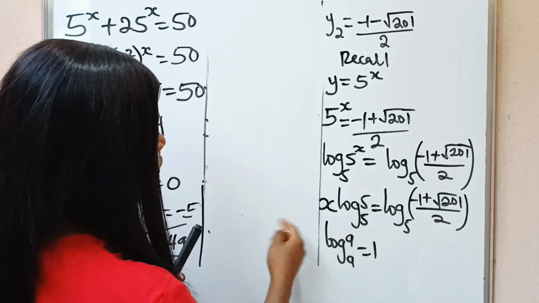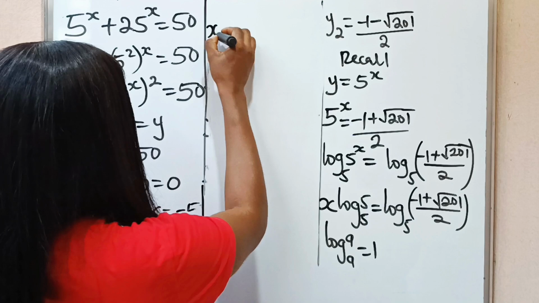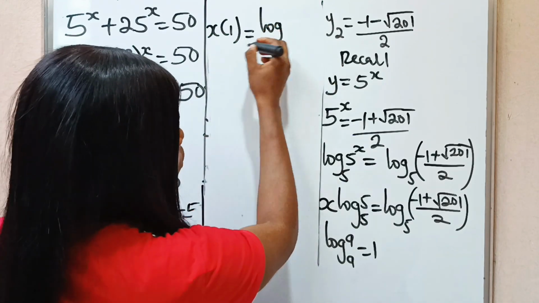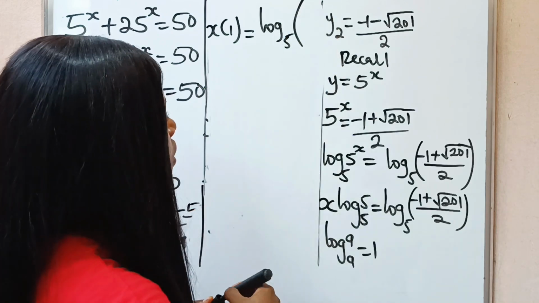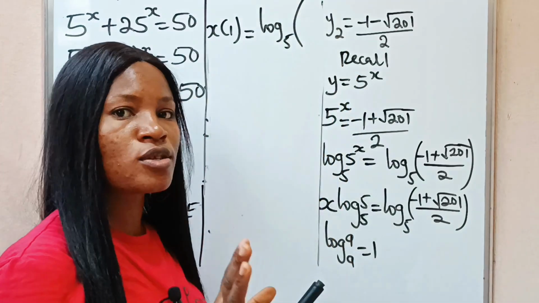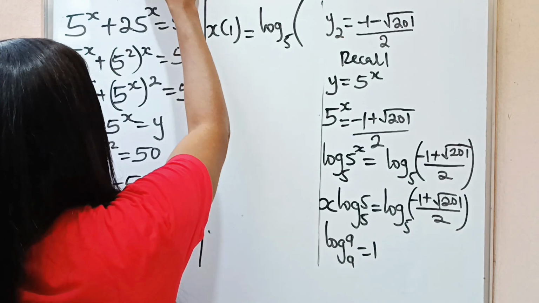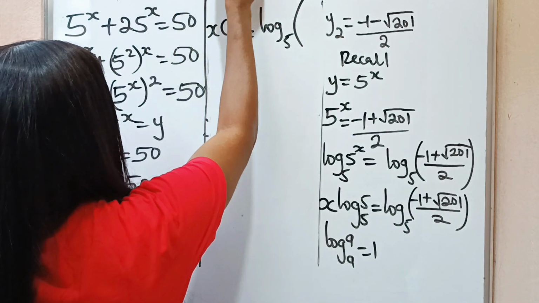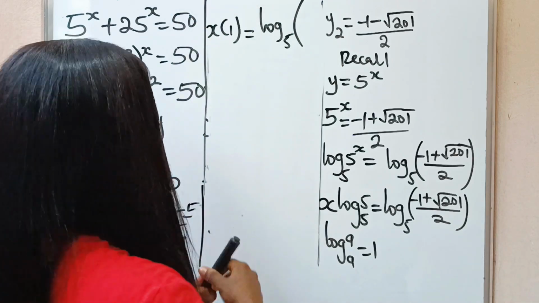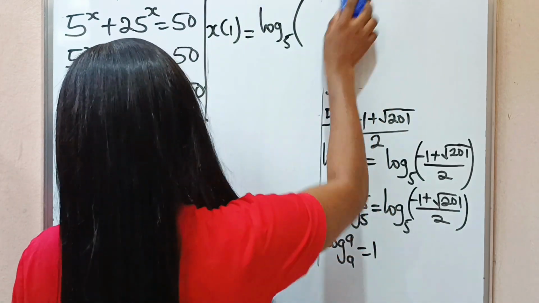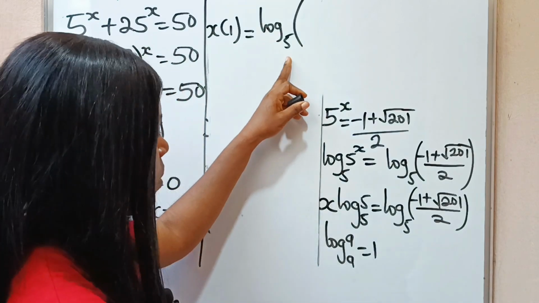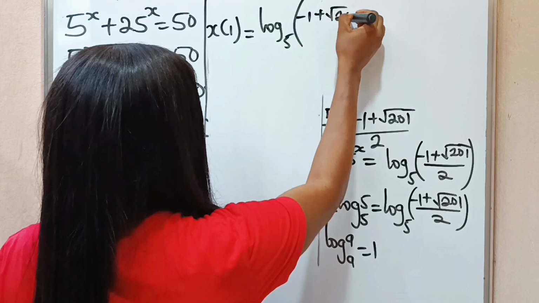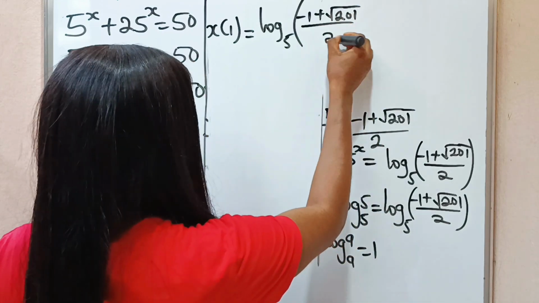That means that what we have here is x multiplied by 1 is equal to log to base 5 of minus 1 plus square root of 201 divided by 2.